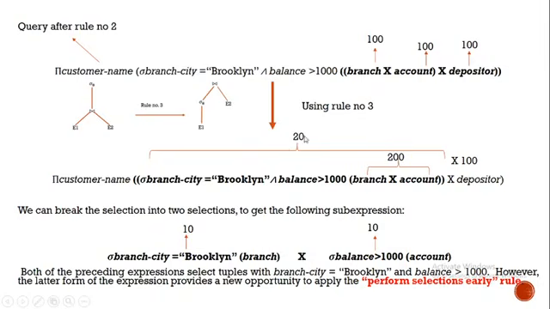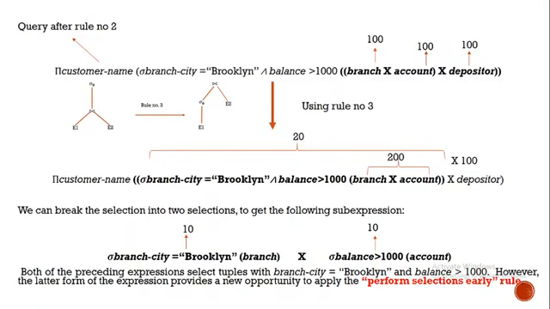So these 20 rows will be joined with 100 rows of depositor. Earlier, we were joining 100 rows of branch with 100 rows of account and then joining 100 rows of depositor. Here we are joining only 20 rows with the 100 rows of depositor. So this is much more efficient.